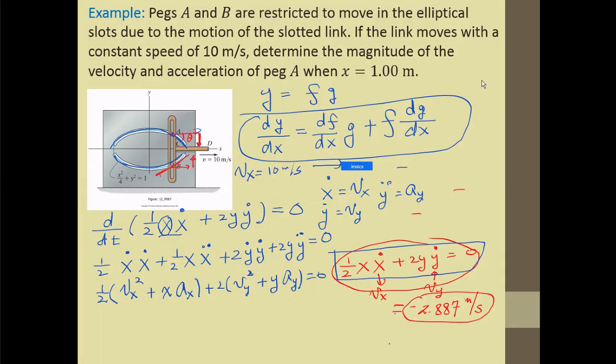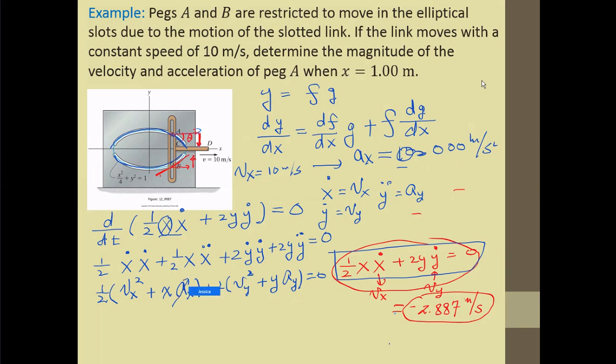Take a derivative: a sub x is the derivative of 10 with respect to time t, which is obviously 0. So a sub x is 0.